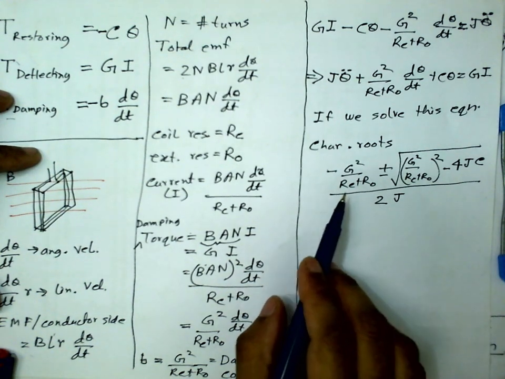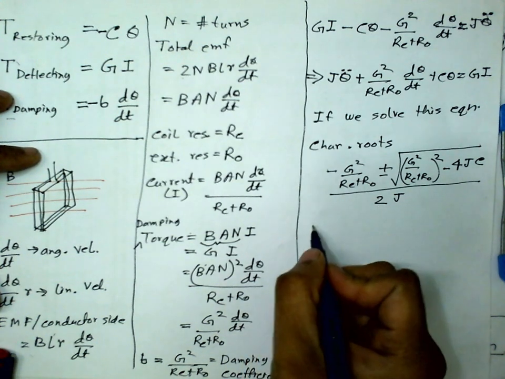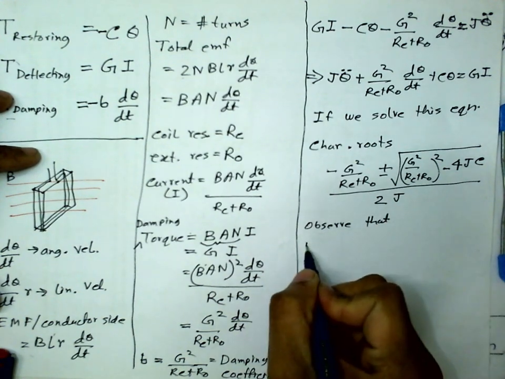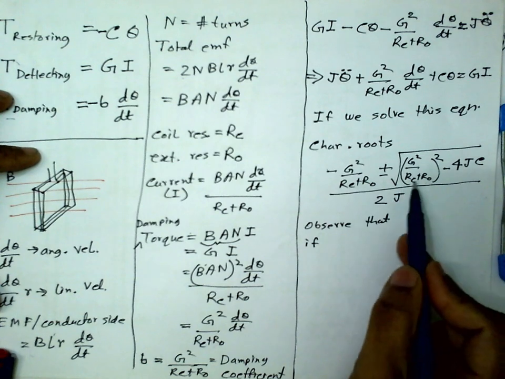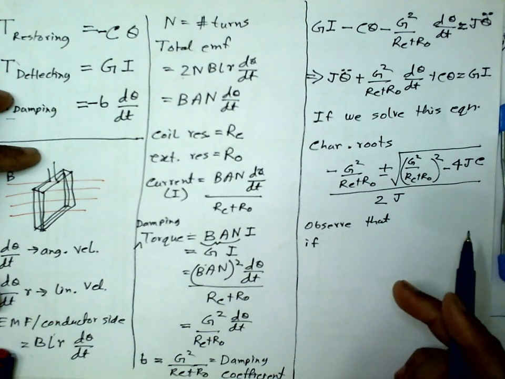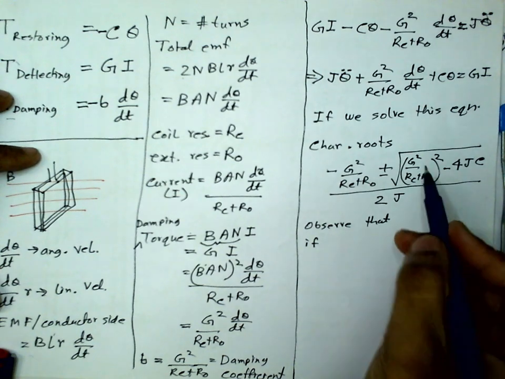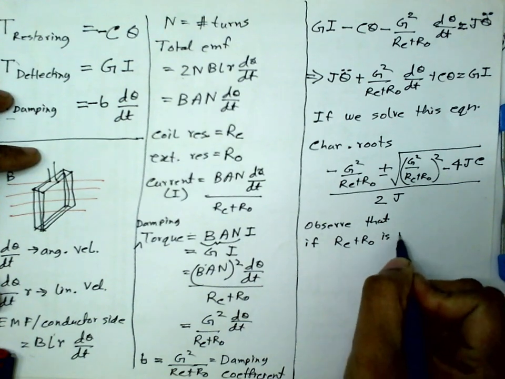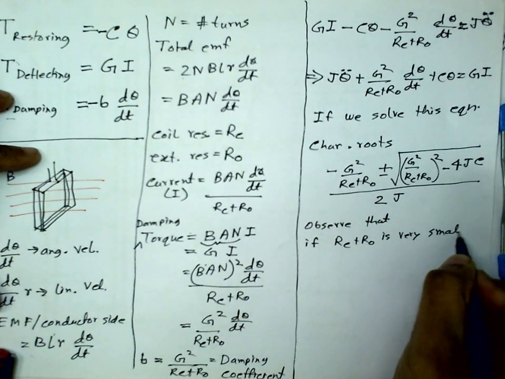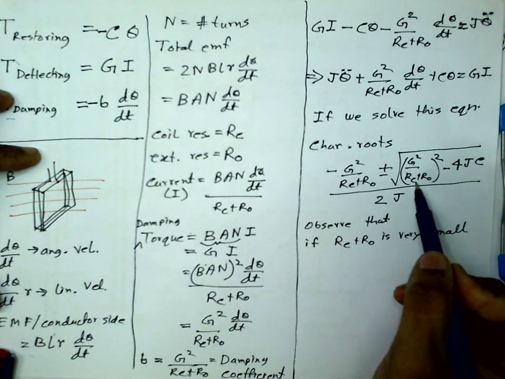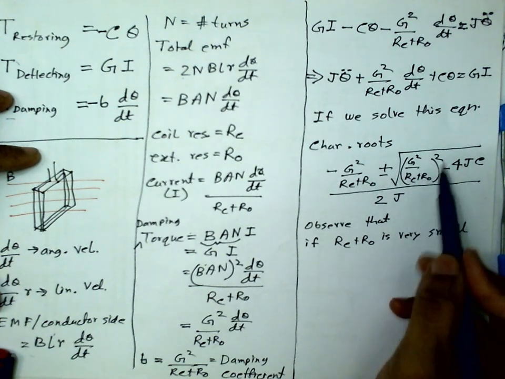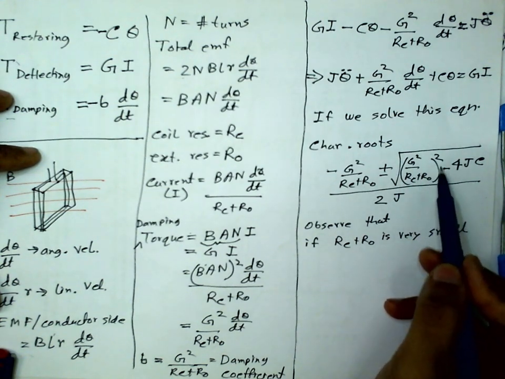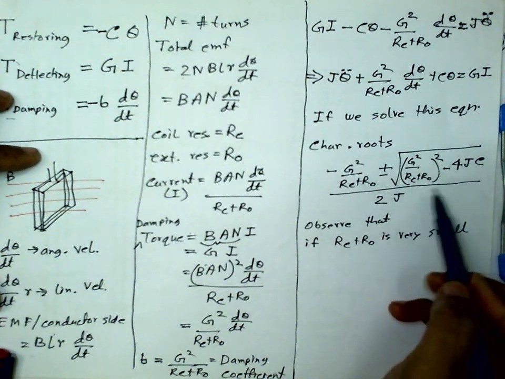Now observe that if RC plus RO is very, say, small, so this term is small, which means this term is very high, okay, and this is obviously a positive term, it's a square, so this is a high term minus something, so that will remain positive.